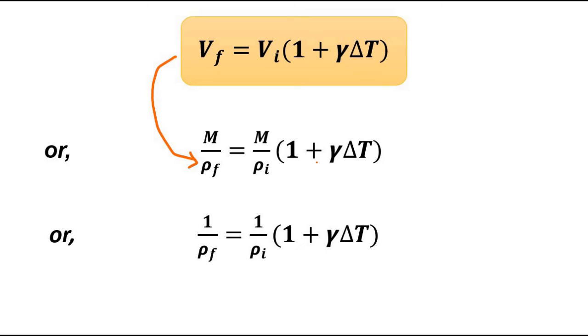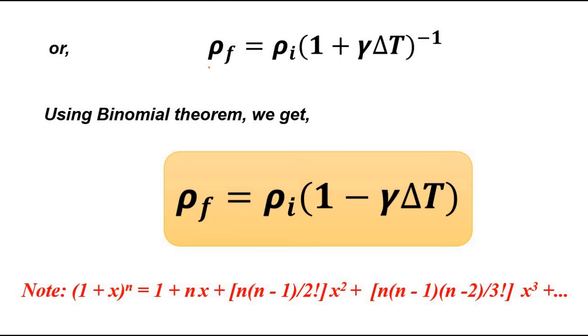Mass gets cancelled on both the LHS and RHS. So we are left with 1 by rho f is equal to 1 by rho i into (1 plus gamma delta T), or we can express it as rho f is equal to rho i into (1 plus gamma delta T) to the power minus 1.